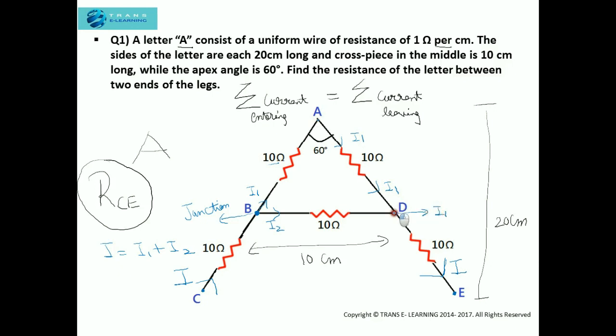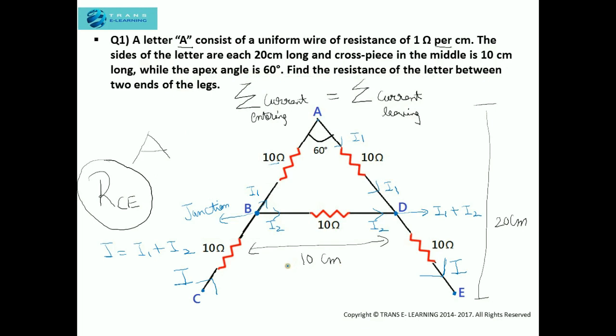This point D is also a junction because here the current I2, which will flow through the 10 ohm resistor, is also reaching. So at point D we have I1 plus I2, and as I1 plus I2 is equal to I, that means the current I is flowing through the point D, which justifies the junction rule. Now we have divided and segregated the current in an appropriate manner.